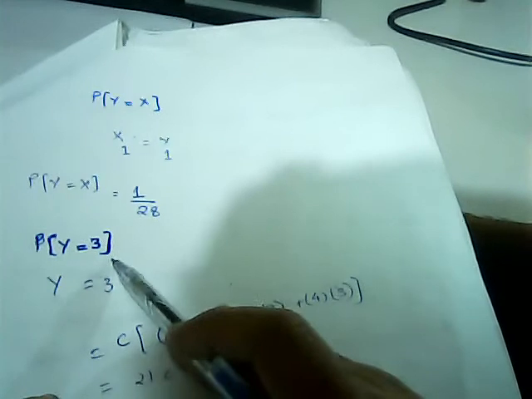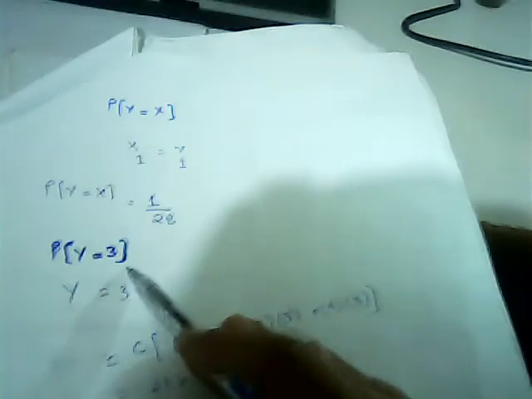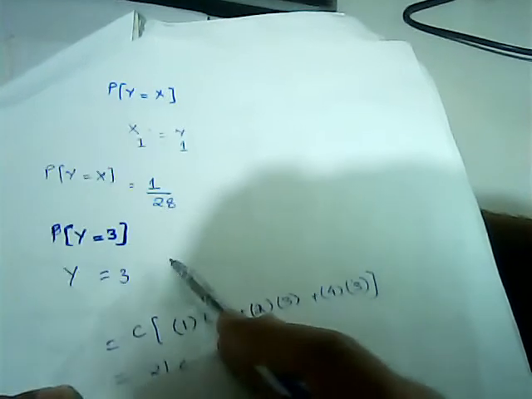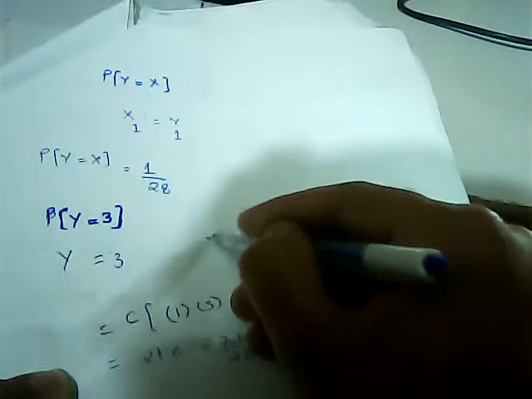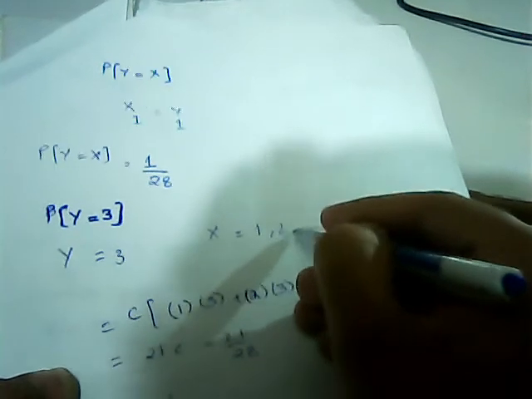Looking at the next problem, which says y equals 3. When y equals 3, it would correspond to the range of values of x, which would be x equals 1, 2 and 4.